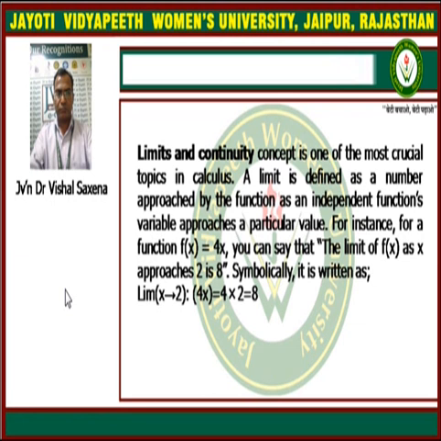Now we can understand it in this way. Suppose we have a function f(x) equal to 4x and we have to find its limit as x tends to 2. How can we find the limit? The limit can be determined whenever the function's left hand limit and right hand limit are the same.